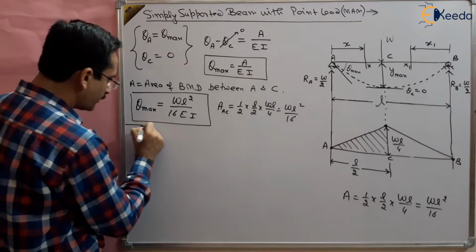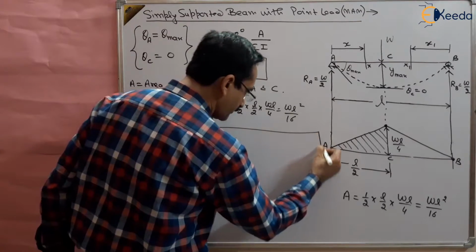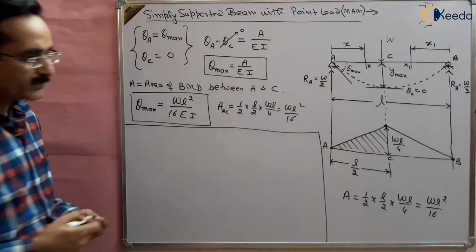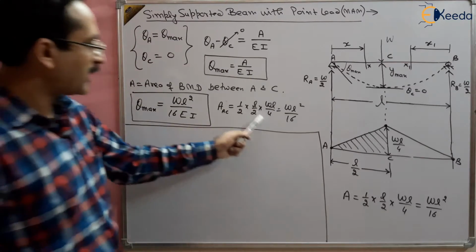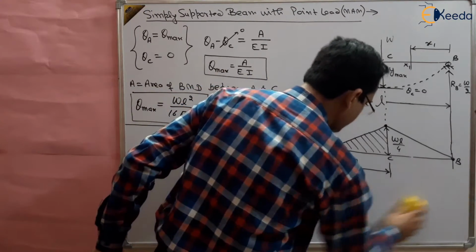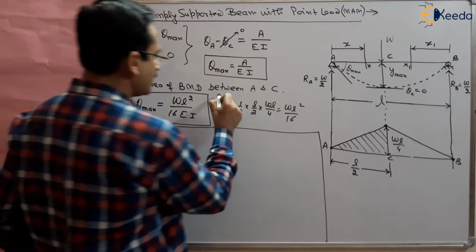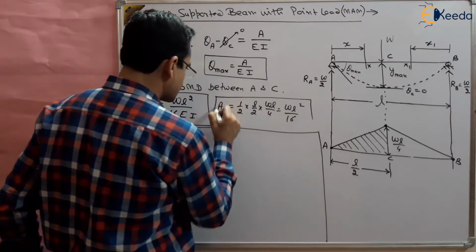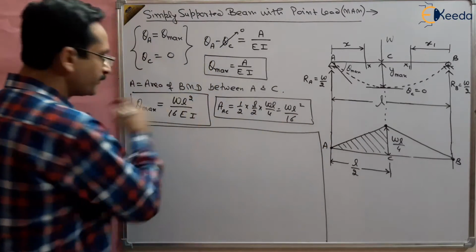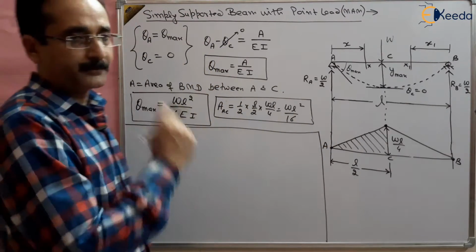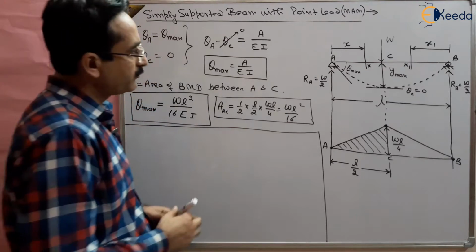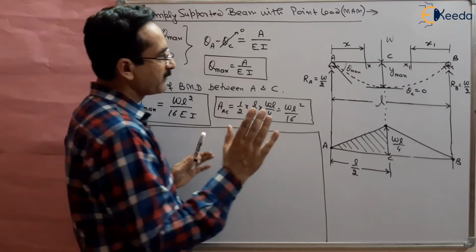Now we want to find out the Y max. How to find out Y max, right? So this value I have written here, so I can rub it. This is the area between A and C. This area we have utilized in this equation of theta max. Now for finding the Y, we have to choose 2 points and take a reference line.